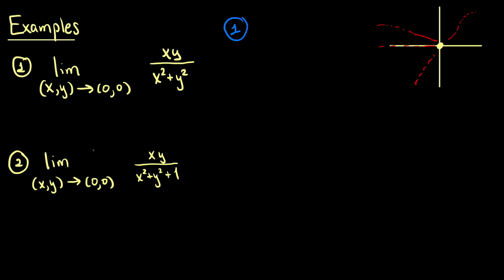Well, then you can see what's going on here, because if I take the points x equals y, so I come in on this 45-degree angle from the x-axis, if I approach along x equals y, then what do I get?